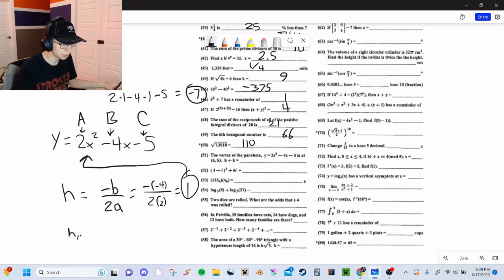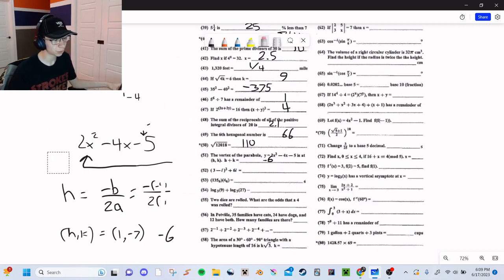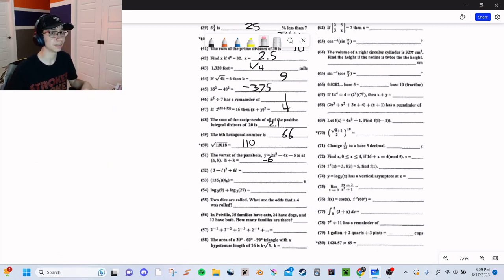So my h and my k is equal to 1 comma negative 7. I add my coordinates, I get negative 6. So there's a little algebra question for you guys, and another trick to learn the x-coordinate of your vertex.